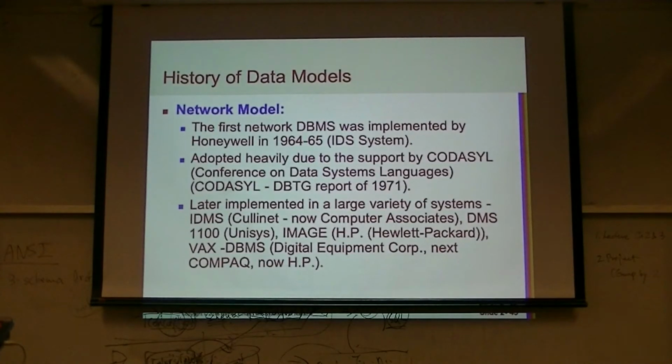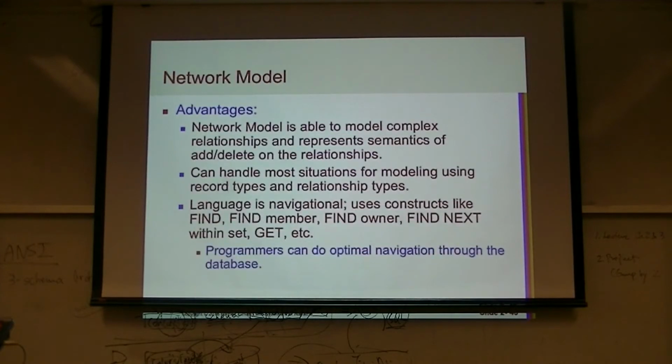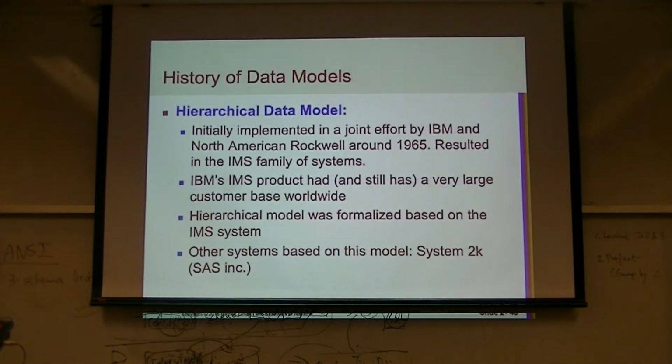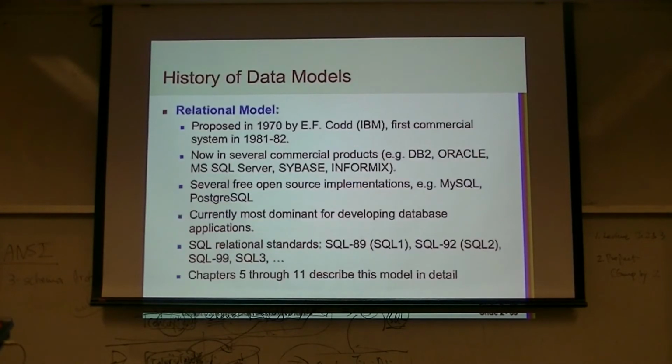And the relational database model is not the only model. It's the most popular one. There are others, like the network database model, the hierarchical database model, the object-oriented database model, and the object-relational database model. So it's also interesting to keep track of the history of the database model.